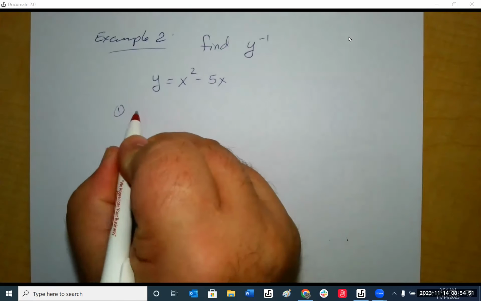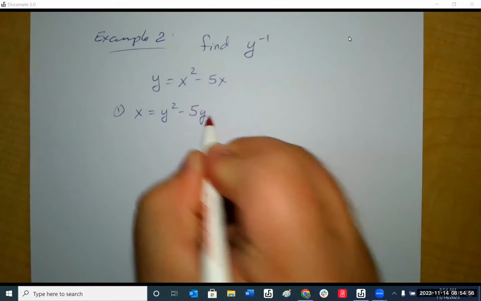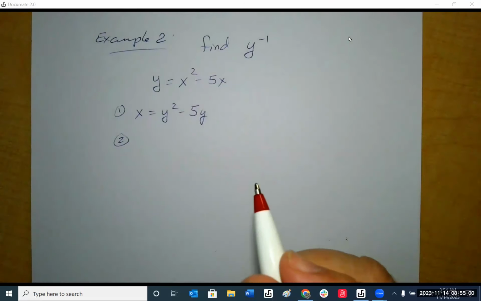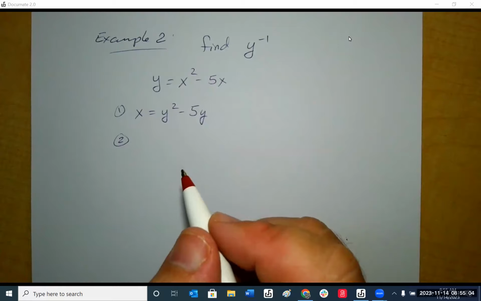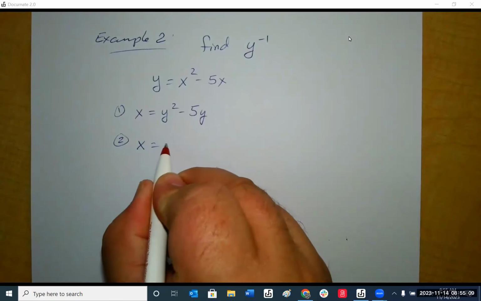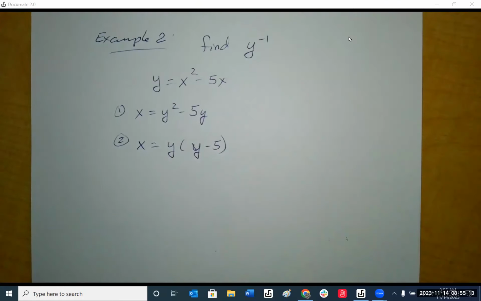So our first step was switch x and y, and try to solve for y. We can't. Even if we factored out a y, we cannot isolate y by itself.